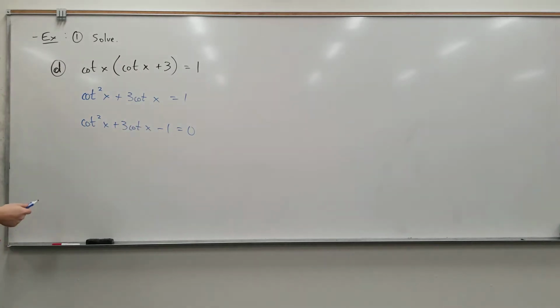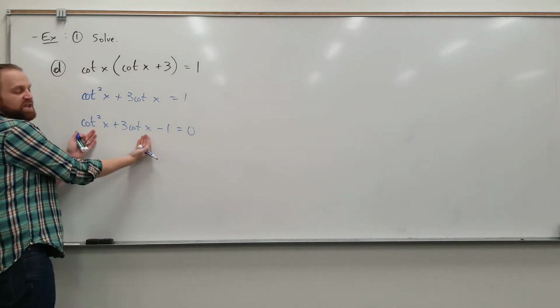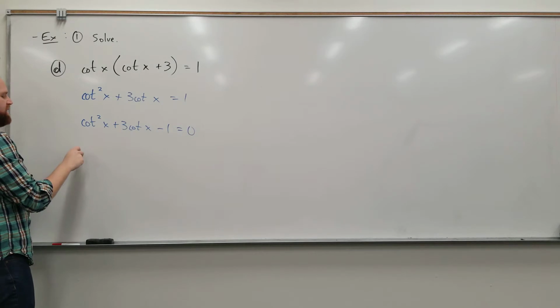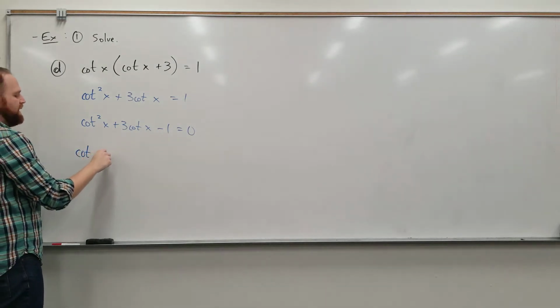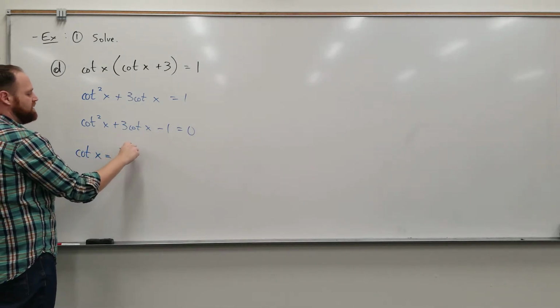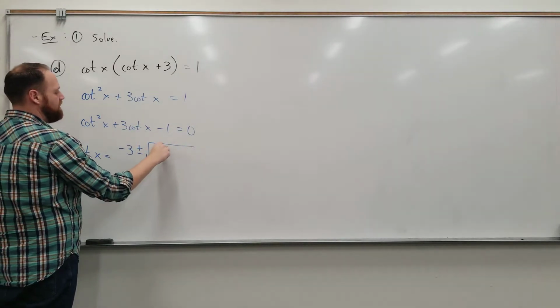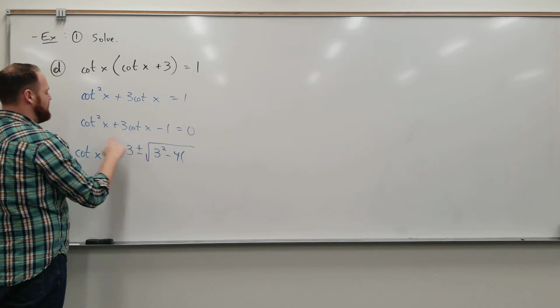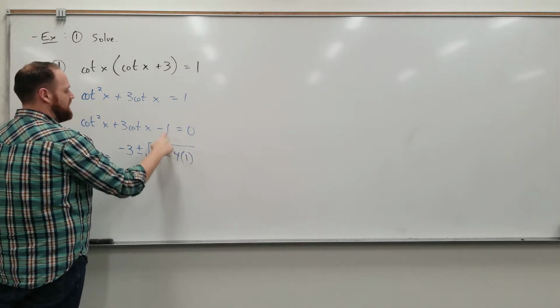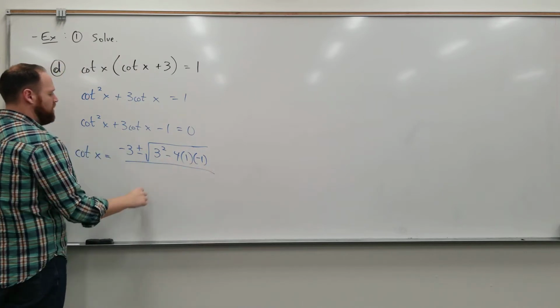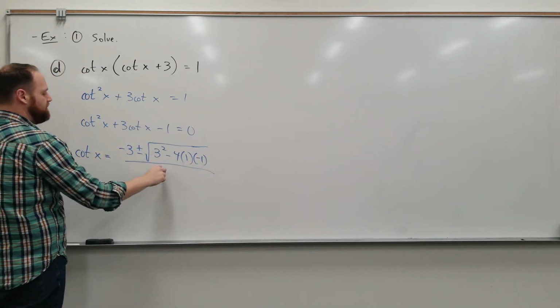Okay. Only, u is really cotangent x. So I'm going to say cotangent x is -b plus or minus the square root of b squared minus 4 times a times c over 2a.